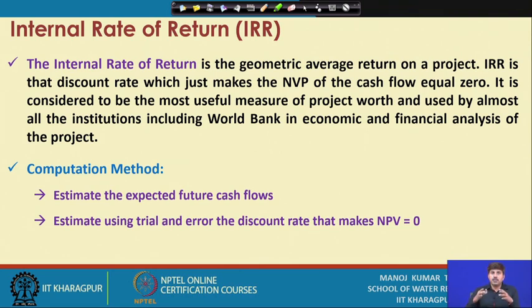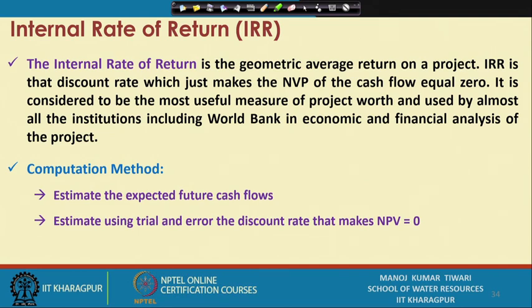It is considered one of the most useful measures of a project's worth and is used by almost all institutions, including the World Bank, in economic and financial analysis of projects. So, this is a very common approach which is used on a very large scale.